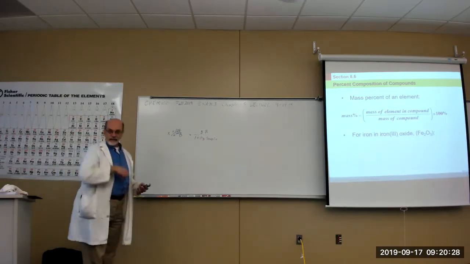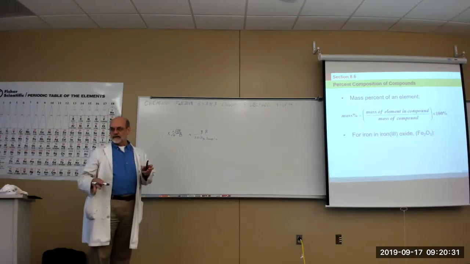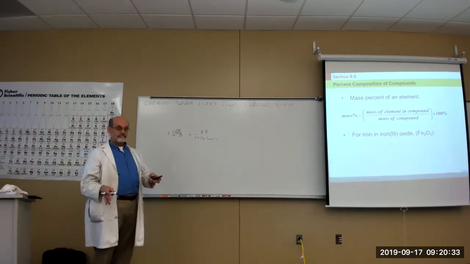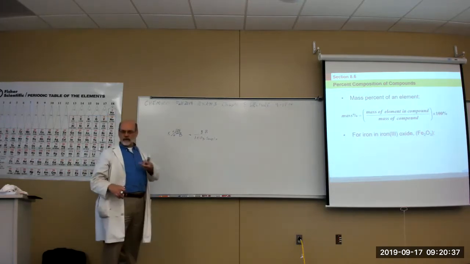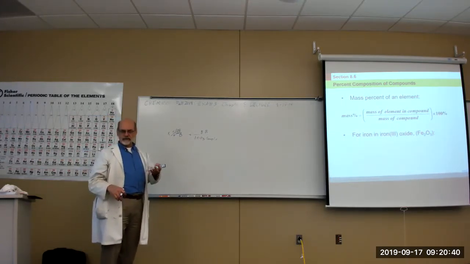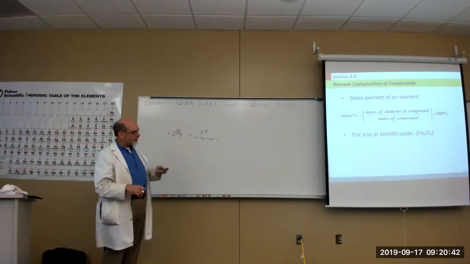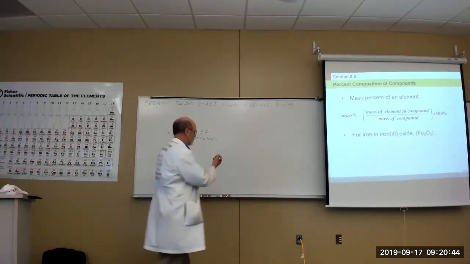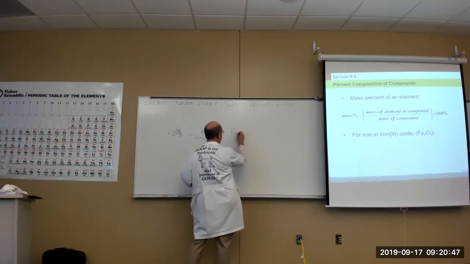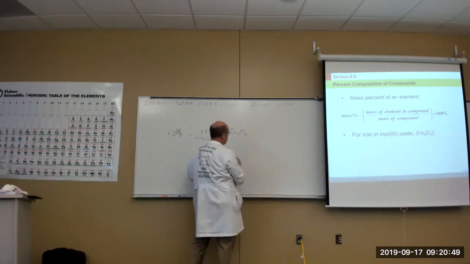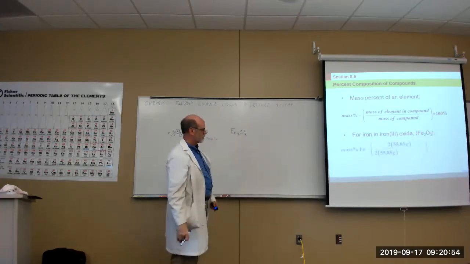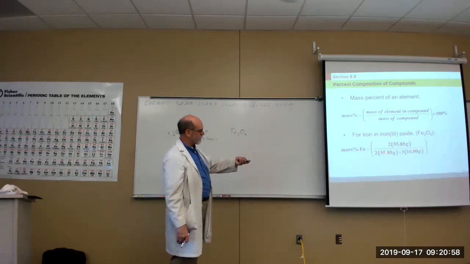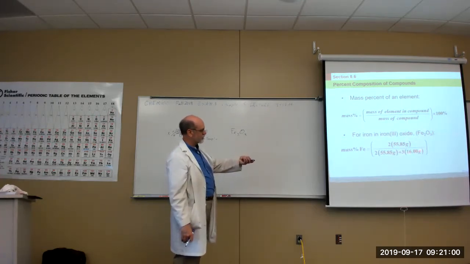Now, you can work backwards. If you already know the formula, you can calculate percentages. All you need to know is you've got a mole of your compound. So for Fe2O3, if we're going backwards, we know that a mole of that weighs a certain amount. Well, it's 2 times 55.85 plus 3 times 16.